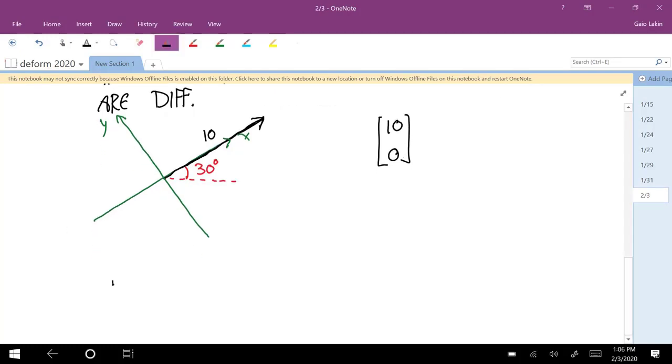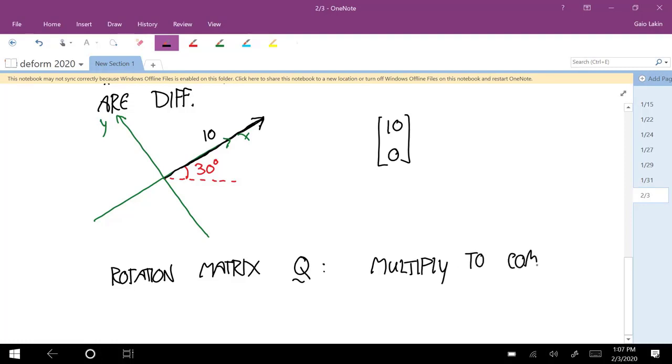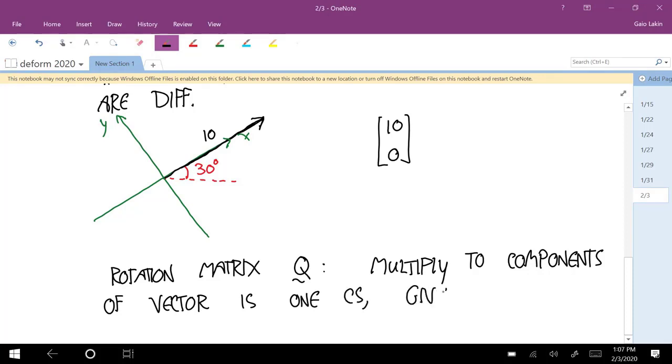But a rotation matrix, and I'm going to always call it Q, and I can't remember what Q stands for, is a matrix that you multiply to the components of a vector in one coordinate system, and after you multiply it, it gives the components of that same vector in a different coordinate system.